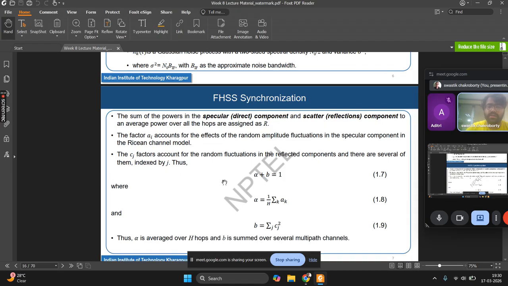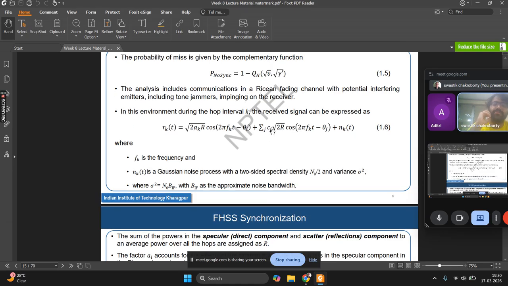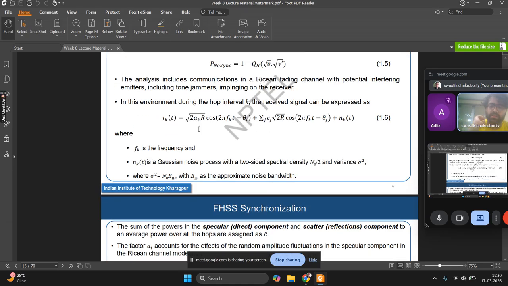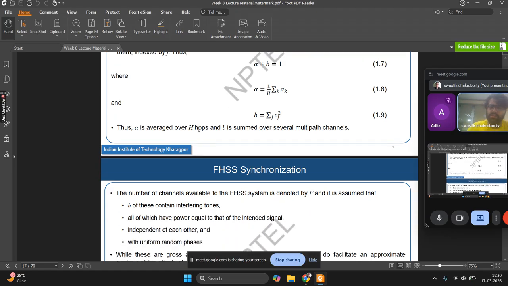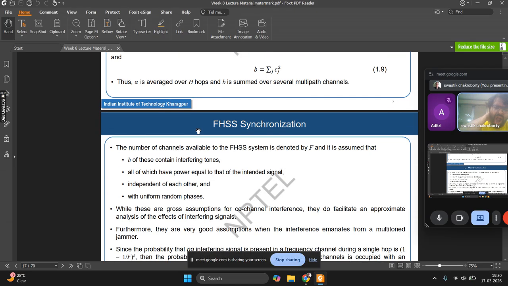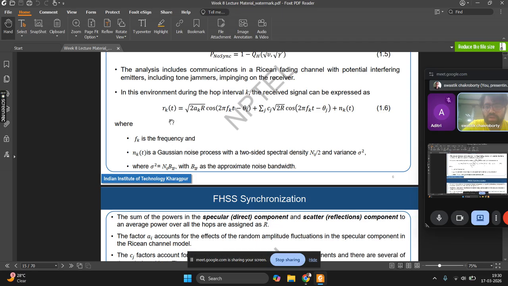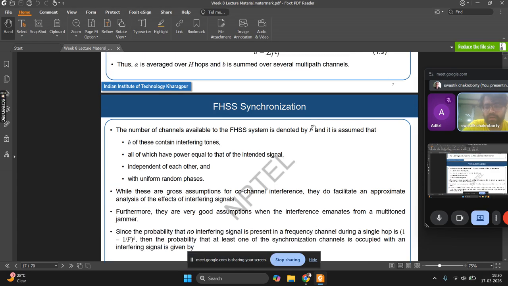The CJ factor accounts for the random fluctuation in the reflected component. So this is basically the reflected path loss, and this is the direct path loss. Okay, so with this we will get the particular received signal in this hopping environment.